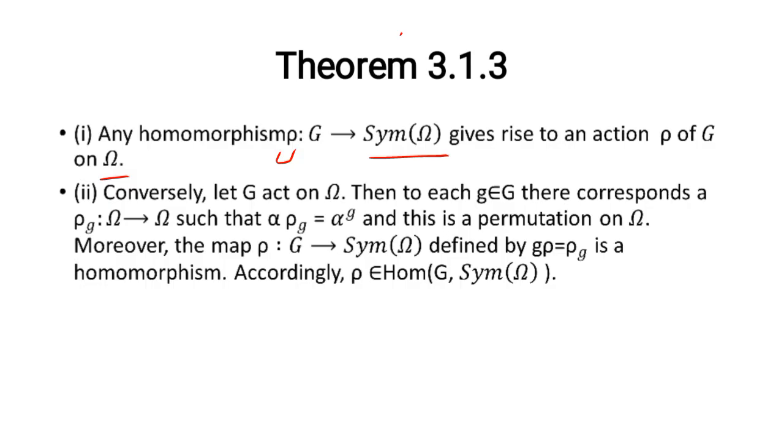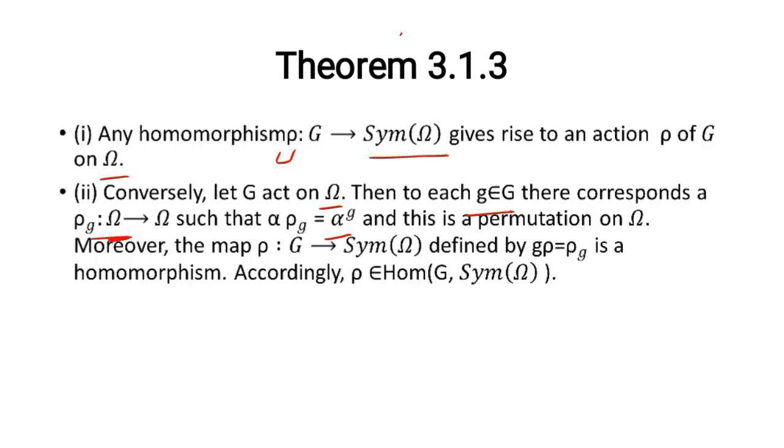The second statement, which is what I will need you to know by heart because we'll be using it in another video later, says conversely, let G act on the set Omega. Then to each g in capital G there corresponds a map rho sub g that maps the set Omega into itself, such that alpha rho g gives you alpha raised to power g, and this is a permutation on the set Omega.